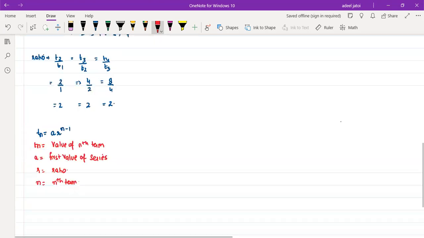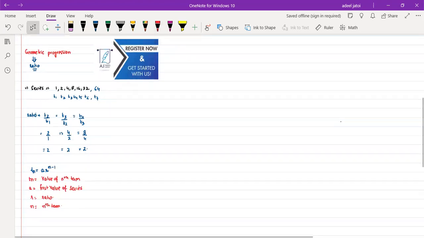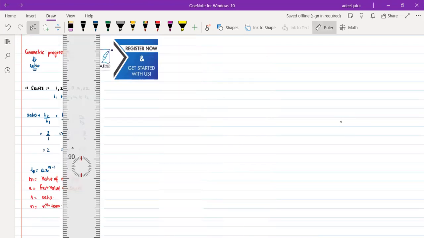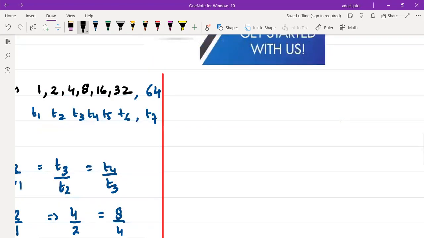Now, if I have been given this series, similarly, I can easily use this formula, considering that Tn is equal to A R^(n-1). I can use it for term 6. My first value is 1.